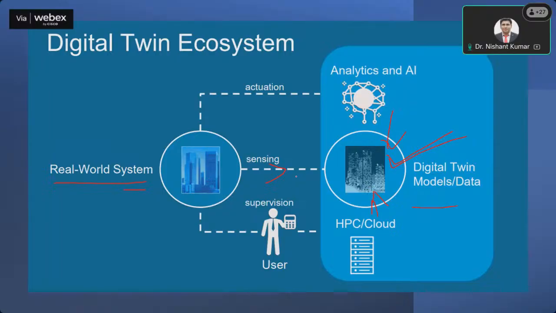We are not going to record 100% of the data, but suppose we are analyzing something, then key points we record. Also, someone may supervise and visualize it, so suppose we have a screen, then the data will be displayed on the screen. And if a counter action is required, then this counter action will go into the physical system through this acquisition model.